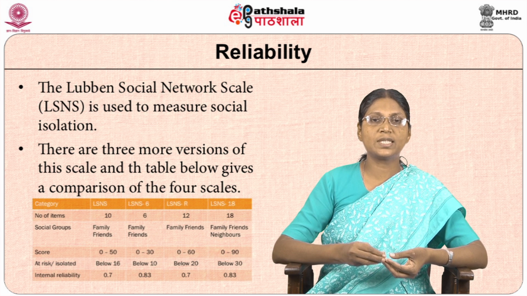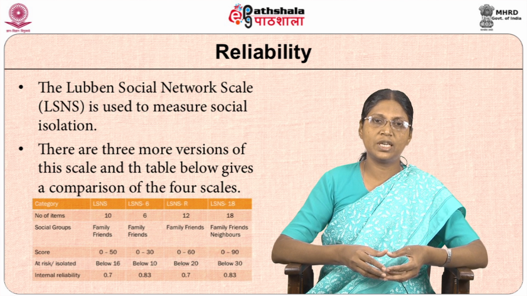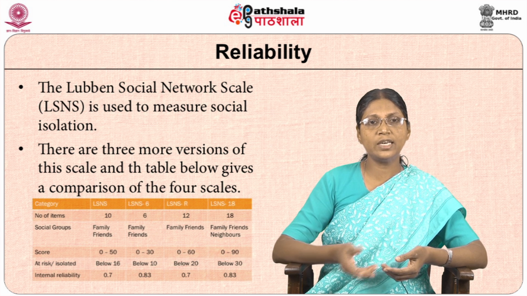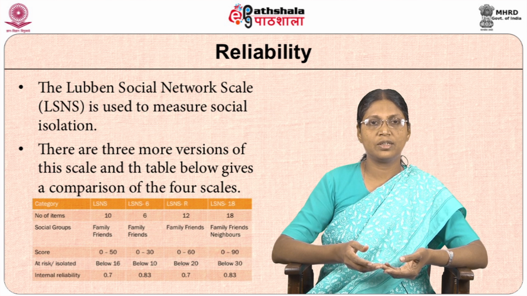The revised Lubben scale, LSNS-R, has 12 items, while an abridged version has 6, LSNS-6, and an extended version has 18, LSNS-18.